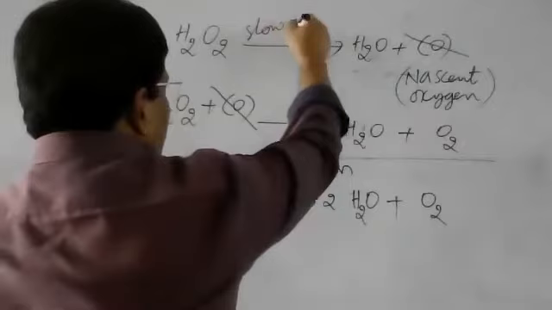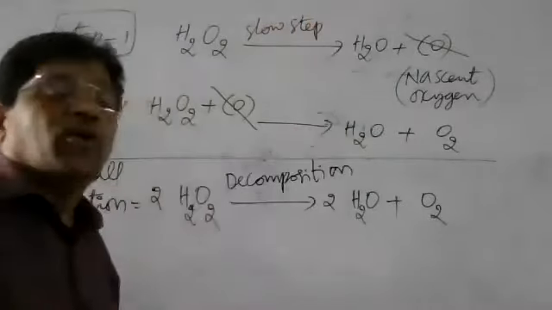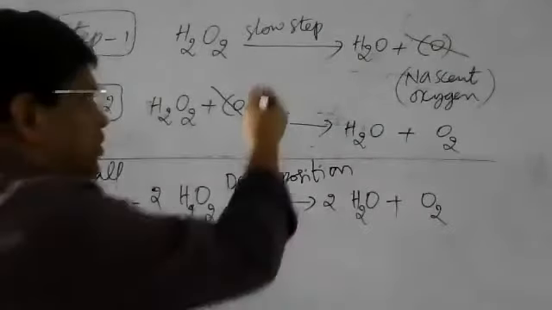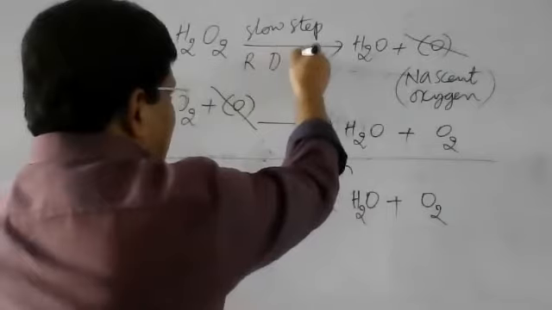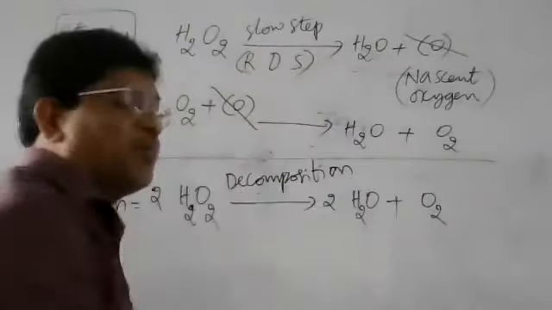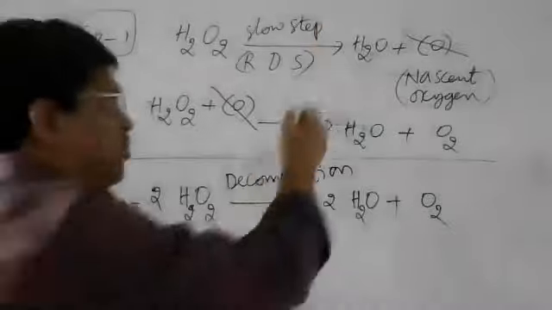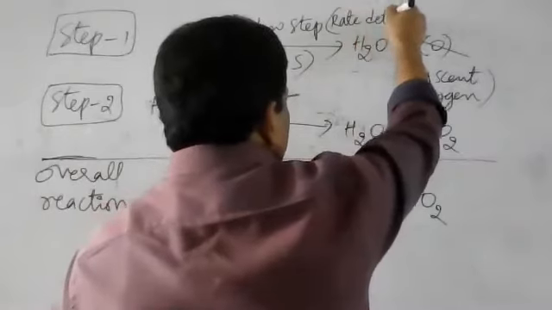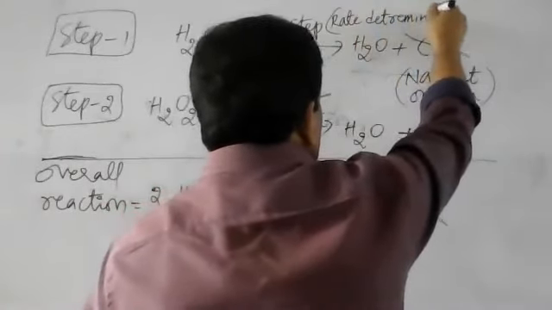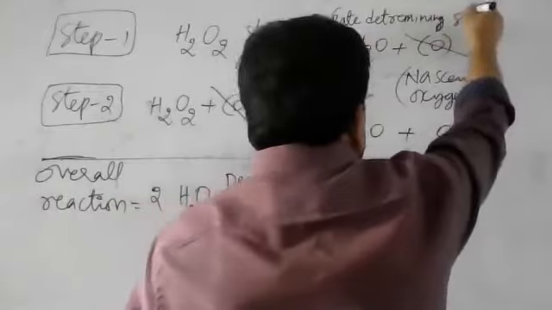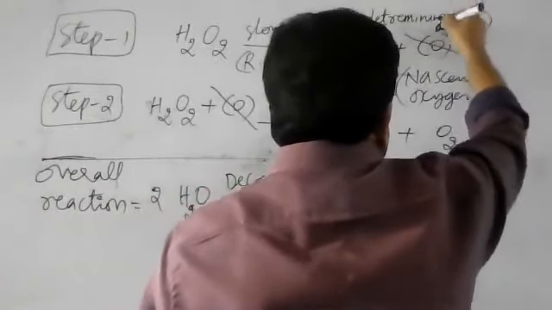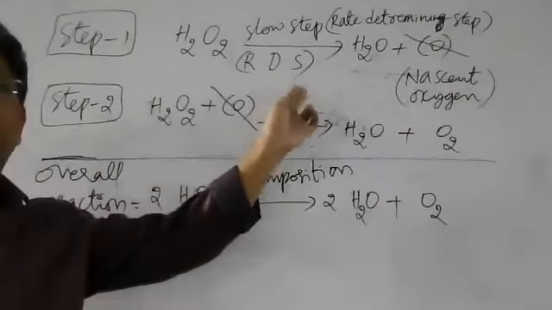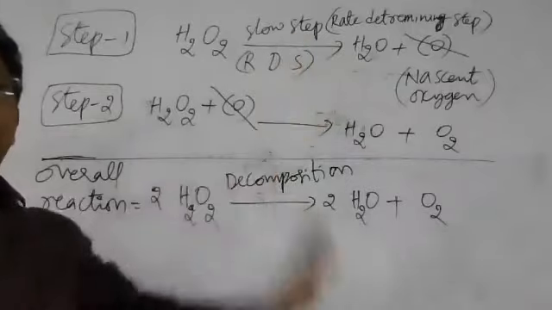Now what we have to understand is that step one is the slow step. The slow step is generally called the rate determining step, RDS. RDS stands for rate determining step.